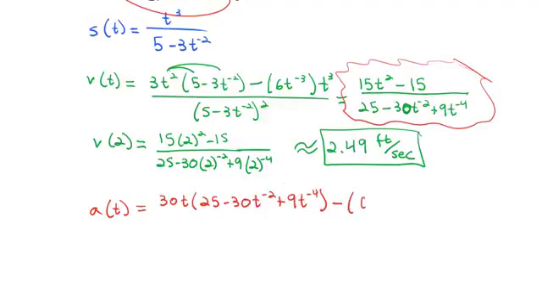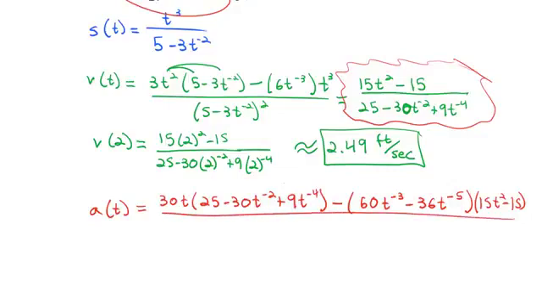Negative 30 times negative 2 is positive 60t to the negative 3, minus 36t to the negative 5, times the numerator, which is 15t squared minus 15. And then that is all over the denominator squared, 25 minus 30t to the negative 2 plus 9t to the negative 4, all squared.